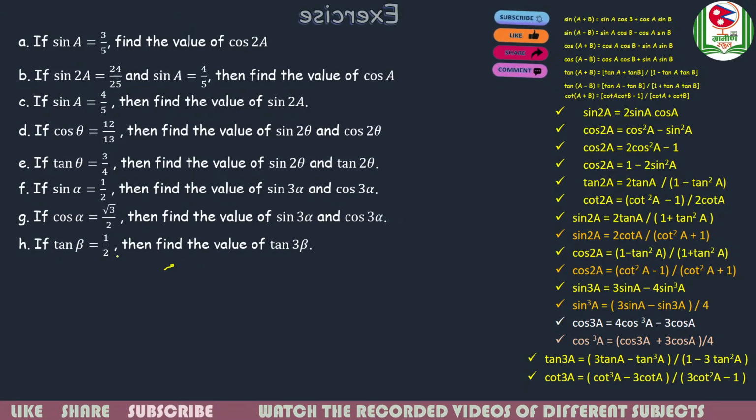Okay, so tan beta equals 1 by 2, and we have to find out the value of tan 3 beta. Now here you can see that tan 3A equals 3 tan A minus tan cube A upon 1 minus 3 tan square A. So using this formula you can easily find out the value of tan 3 beta.